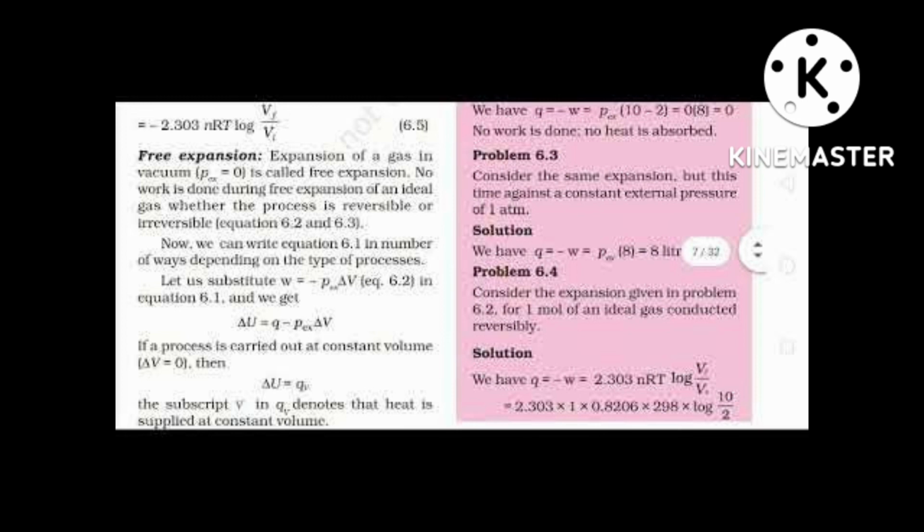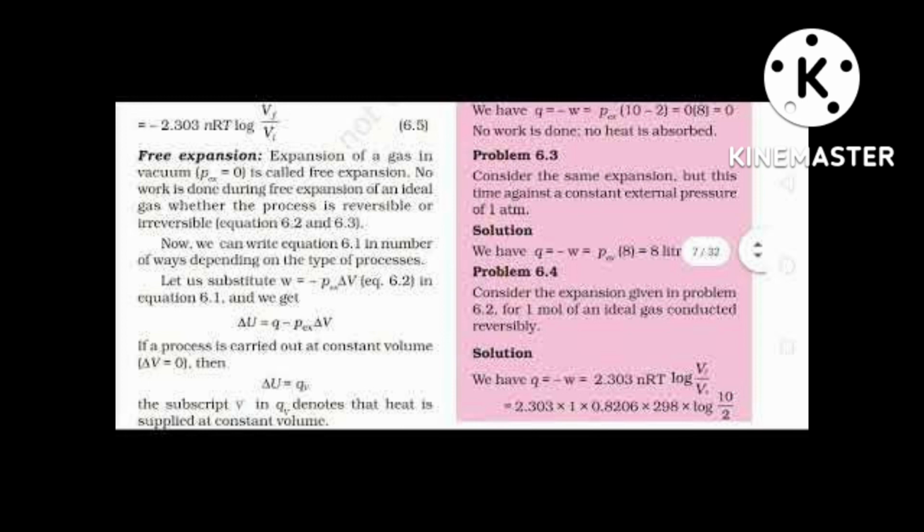Then nRT: the moles they have not given clearly, nor the R value and T value. In that situation you consider 1 mole only, and take all things in the normal way. Then with 8.314 and the T value, it will come around 10.